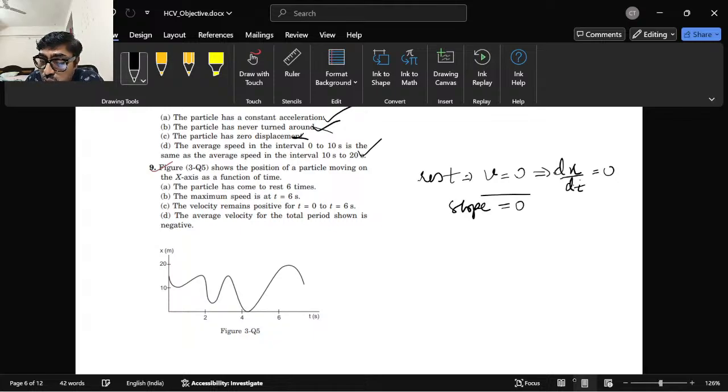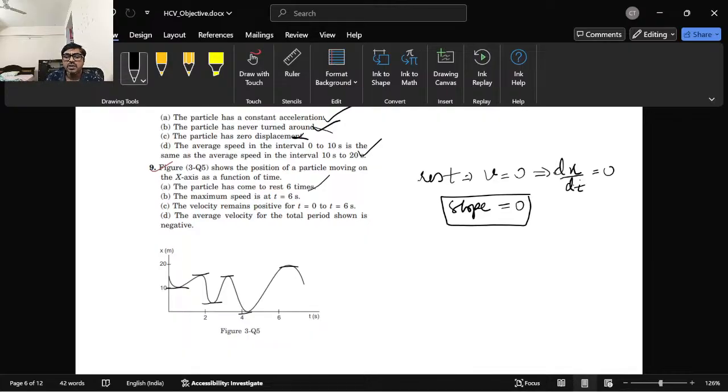Slope is 0. What are the points where the slope is 0? They are called critical points, or stationary points. You see here, slope 0, slope 0, slope 0, slope 0, slope 0, slope 0. Local maximum, local minimum, local maximum, local minimum, local maximum, local minimum. How many are there? 1, 2, 3, 4, 5, 6. 6 times. Correct, sir?